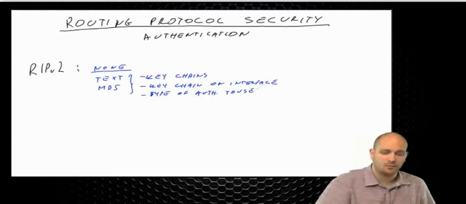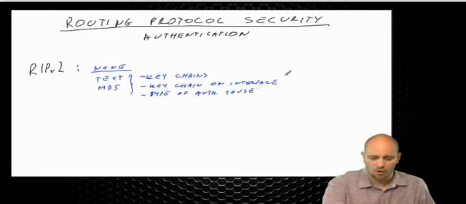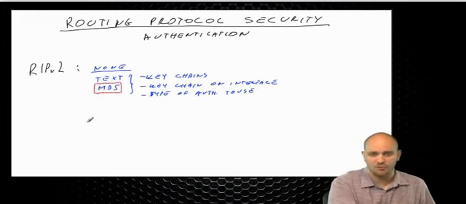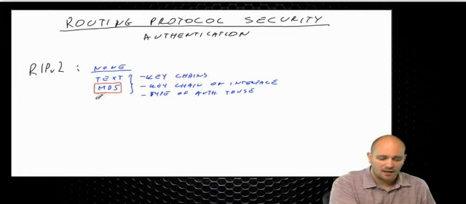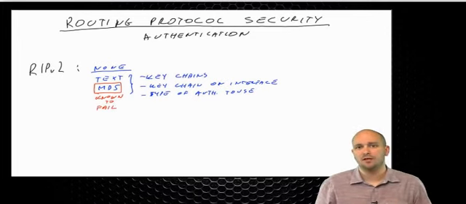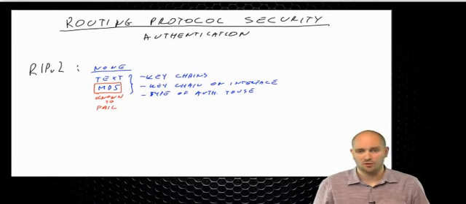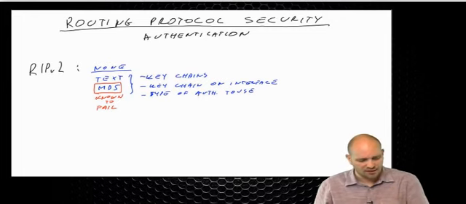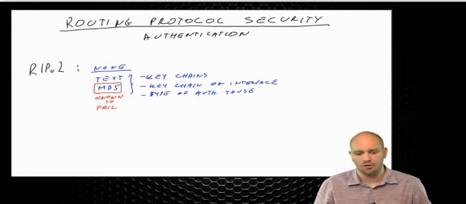But just like with everything, be on a lookout. When you are using MD5 as the authentication for RIP, I have seen situations where it's known to fail. What I mean by that is that you would configure it properly, you think that it's configured on both sides of the link correctly, that you have configured your keys, your keychains, that everything is in order, and for some reason it doesn't work.